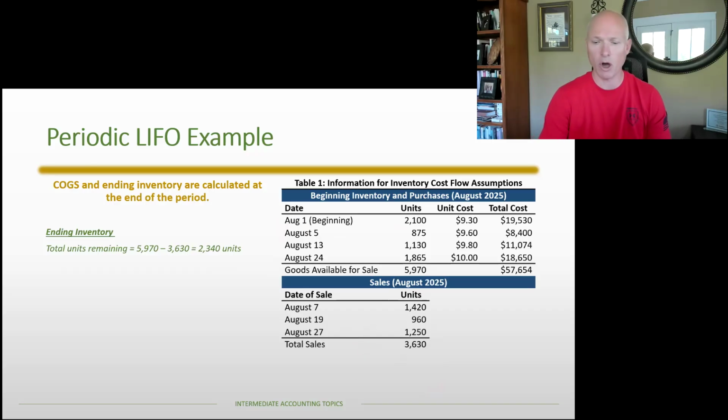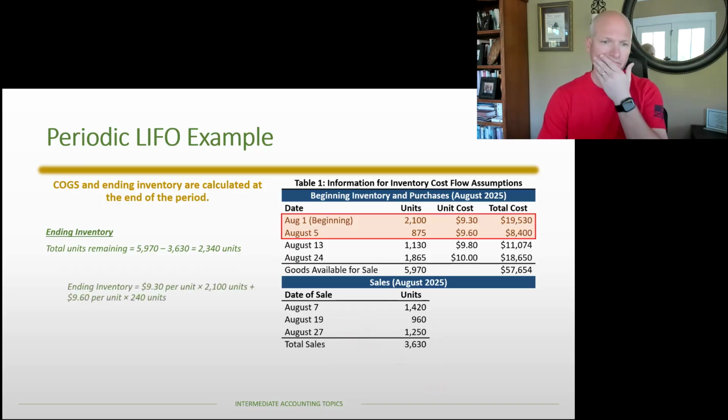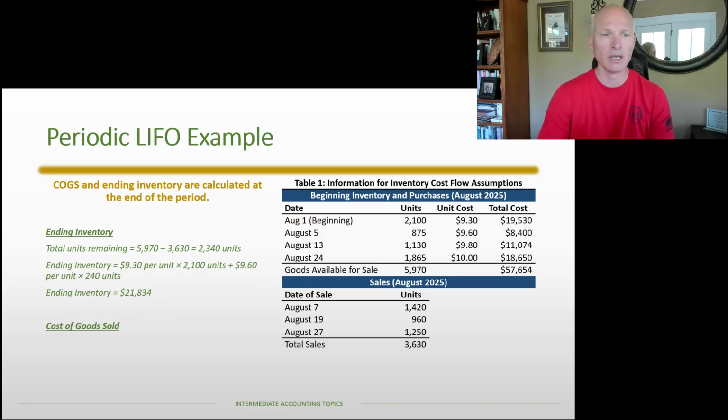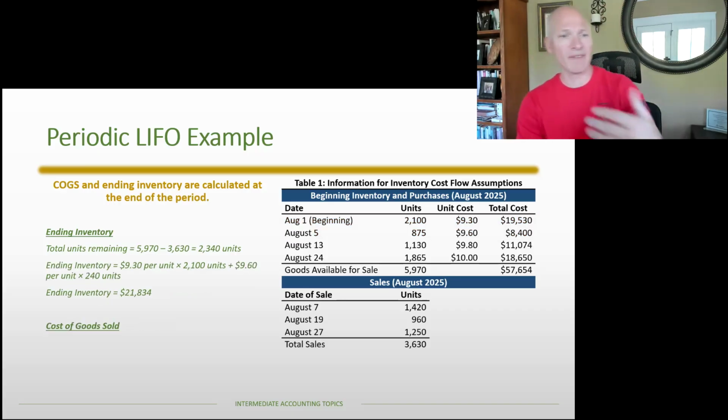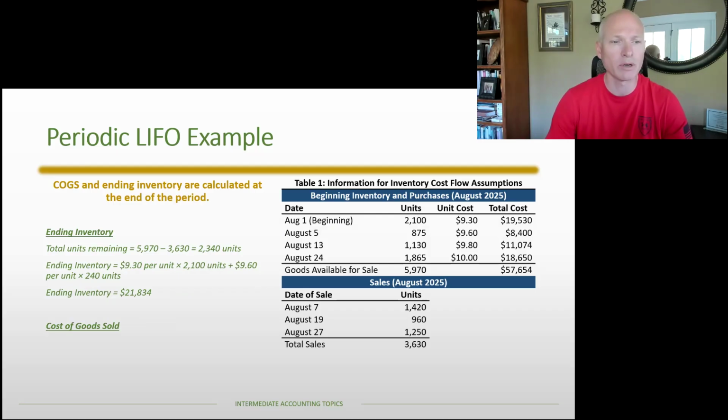We start with the August 1st layer, and since that layer has 2,100 units, all of it is assumed to be in ending inventory, plus another 240 units from the August 5th layer, which gets an ending inventory of $21,834.